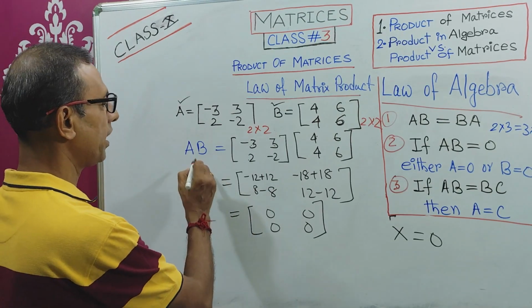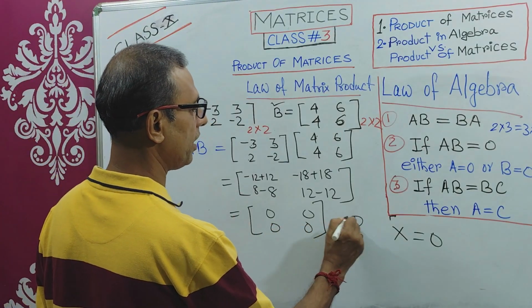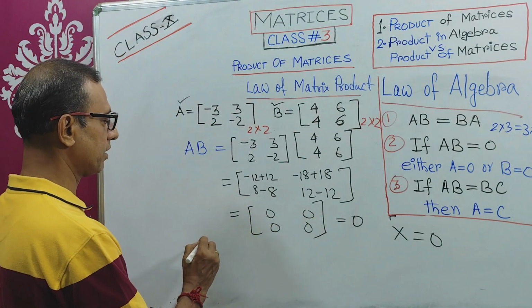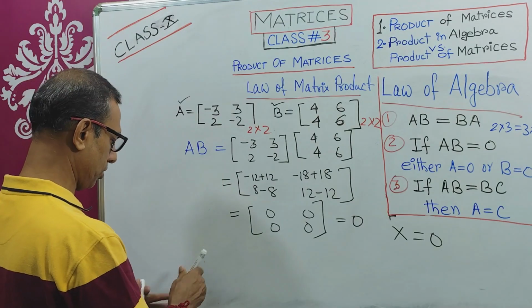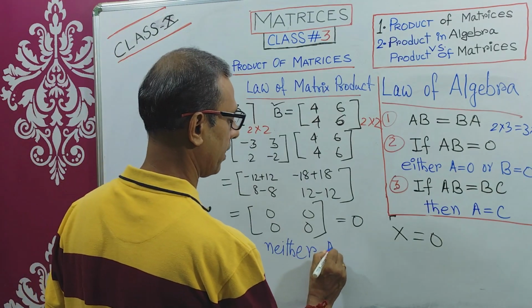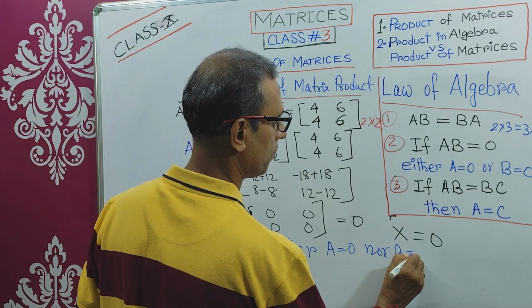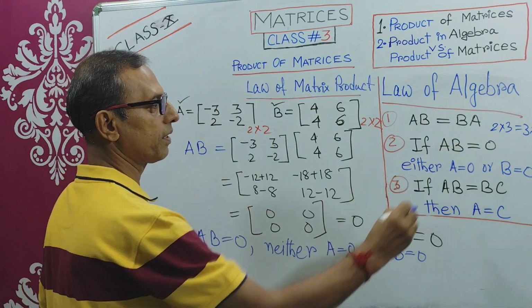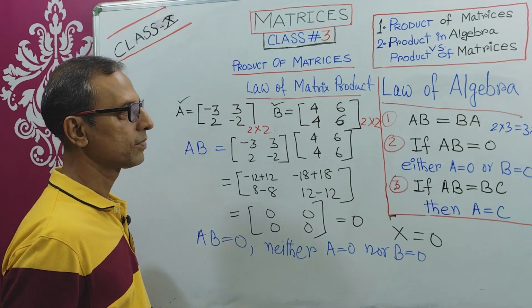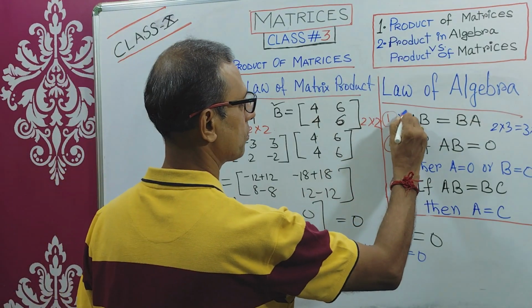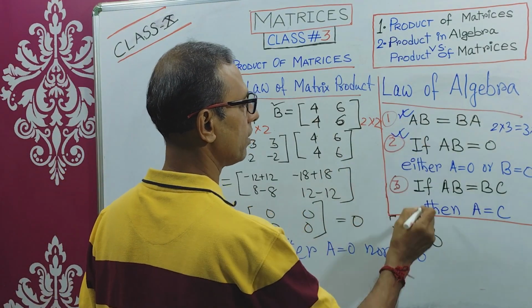So even though AB equals 0, neither A equals 0 nor B equals 0. So it doesn't satisfy the algebraic law. Right? This one also we have proven.